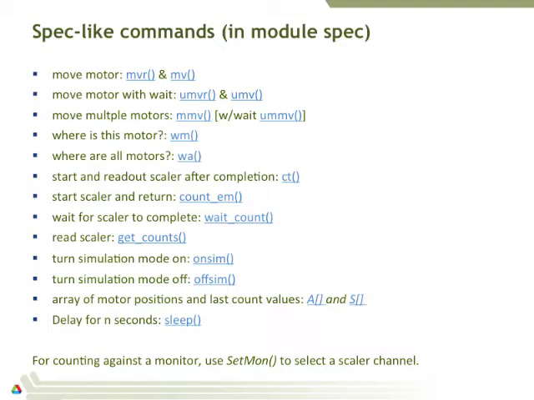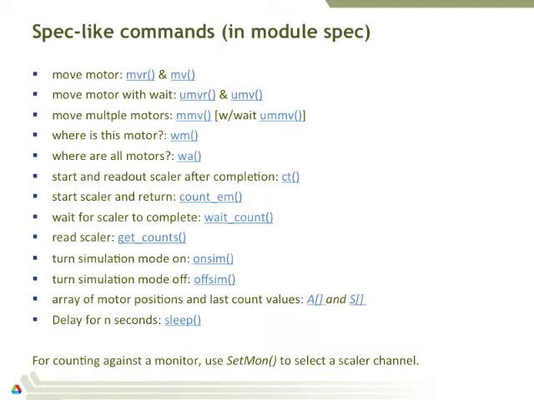In spec, you would say MV followed by a motor symbol followed by the position. For this, you would say MV parenthesis, motor symbol, comma, position, close parenthesis. So you're using Python syntax around the motor.